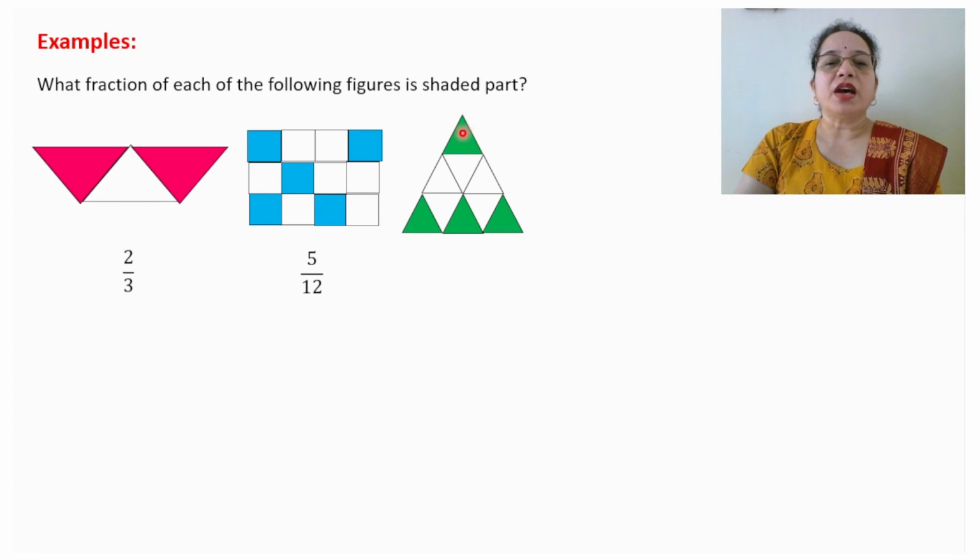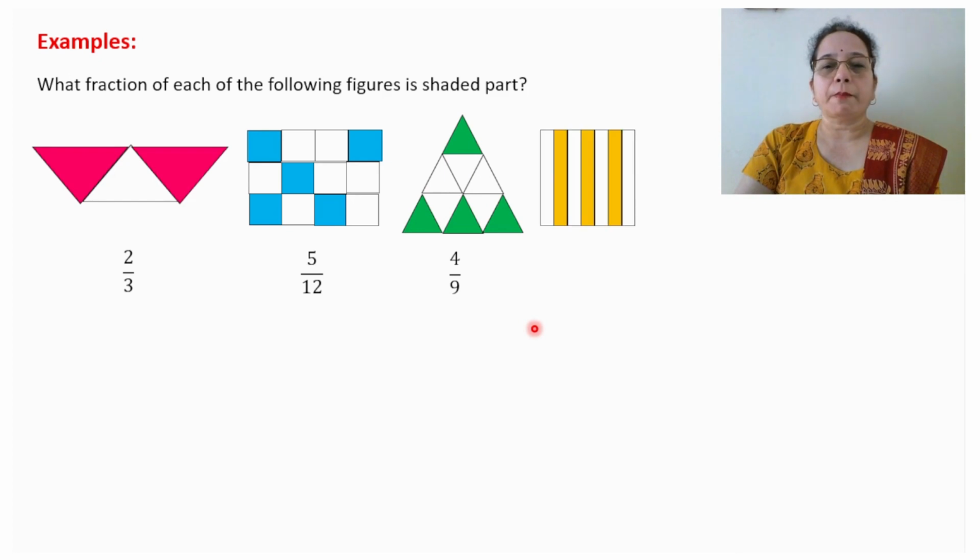Total number of parts are 1, 2, 3, 4, 5, 6, 7, 8, 9, and out of 9, 4 parts are shaded, so 4/9. Total number of parts are 1, 2, 3, 4, 5, 6, 7, and out of 7, 3 parts are shaded, so 3/7.